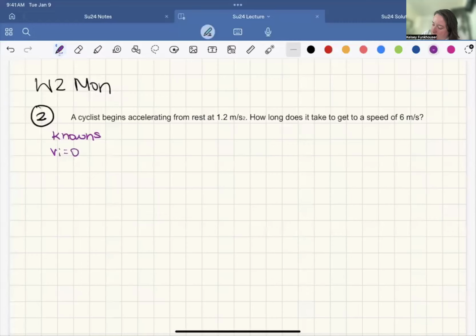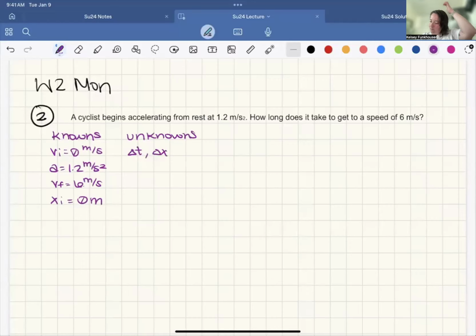Rest, so the initial velocity is 0 meters per second. Acceleration is 1.2 meters per second squared. Final velocity we're looking at is 6 meters per second. And then we're also going to say our initial position is 0 meters, just in case. Unknowns, we don't know how long that takes, and we don't know the total displacement.